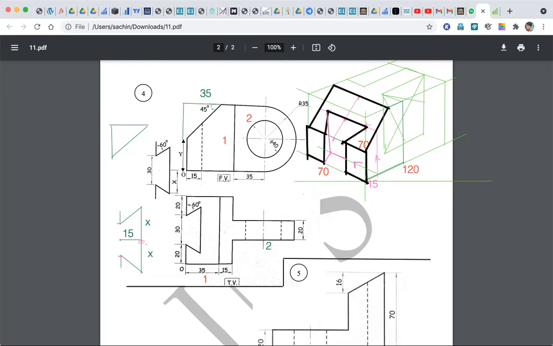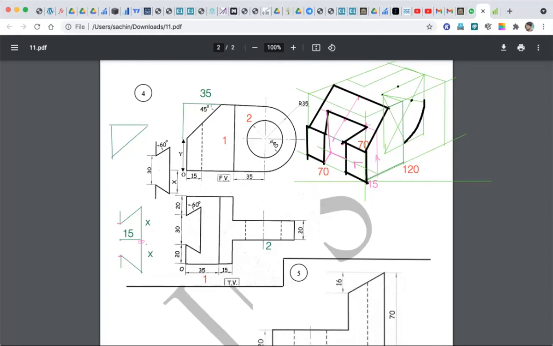After that, what you need to do, see from this point you draw this curve. See, from this point you can draw this curve.